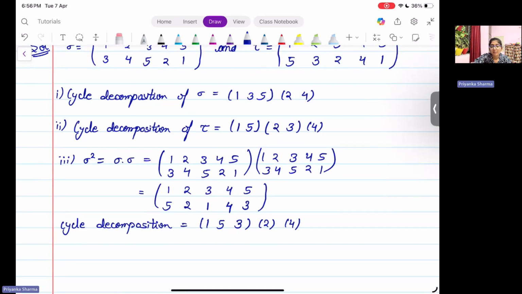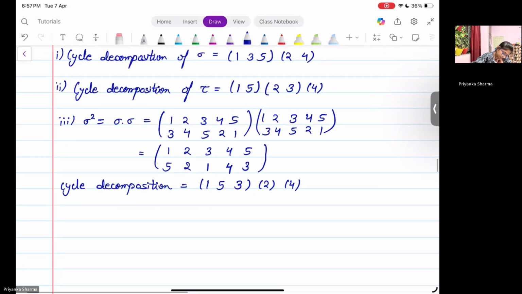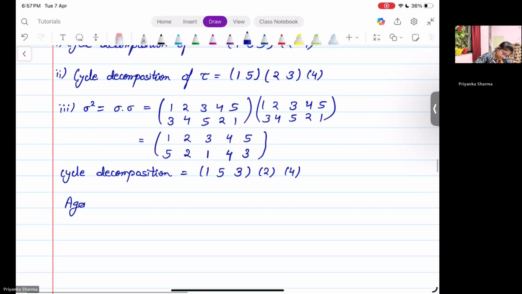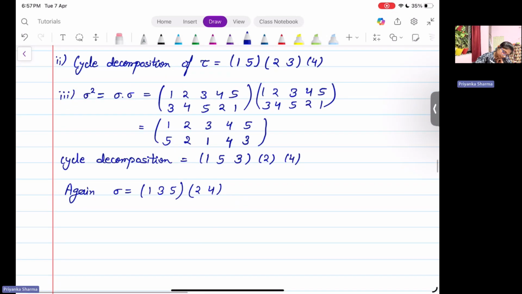See, there is a trick to find the cycle decomposition for sigma square if we have the cycle decomposition of sigma. So again, sigma is 1, 3, 5, 2, 4.